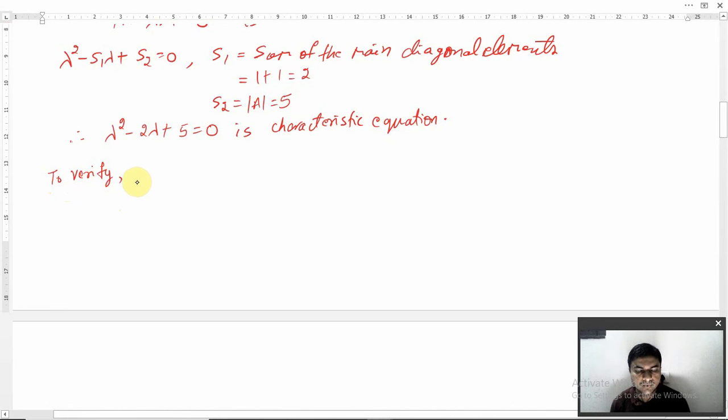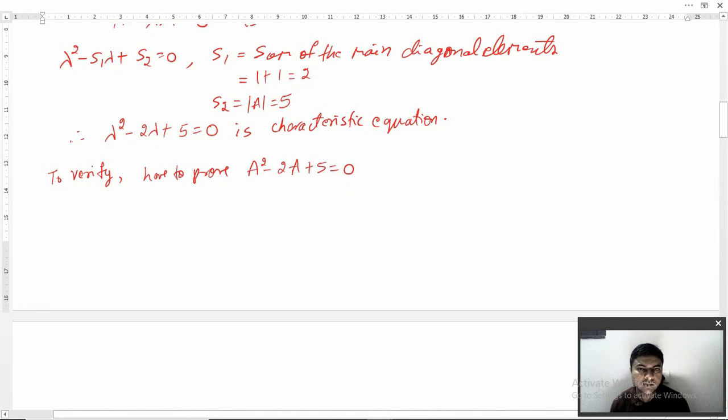I have to prove this, wherever lambda is there I am going to take A. So I am going to prove that A square minus 2A plus 5I is equal to 0.